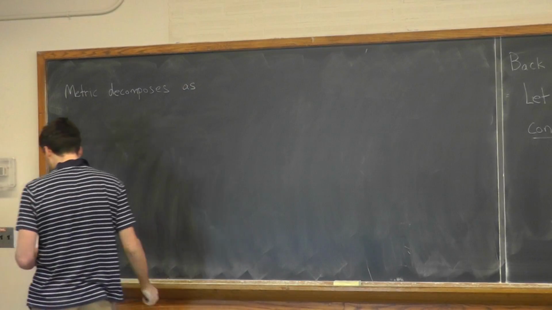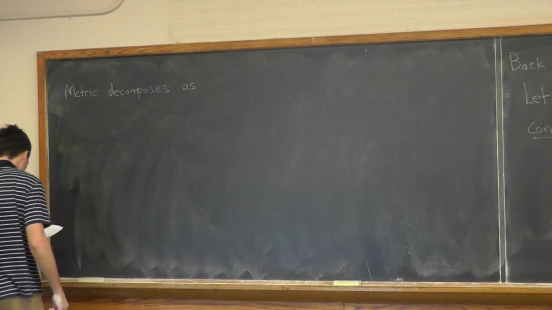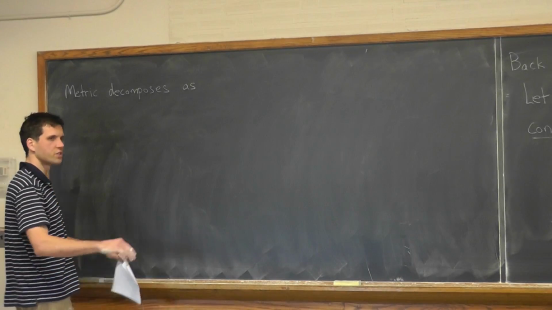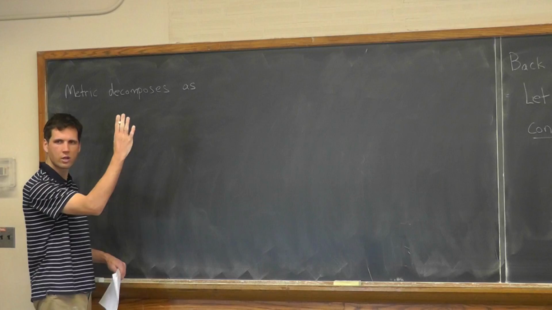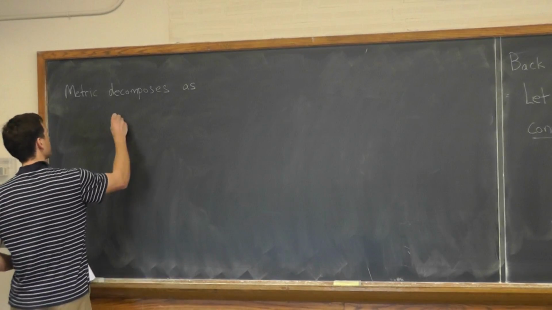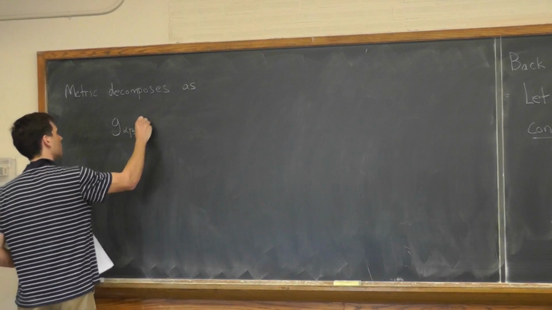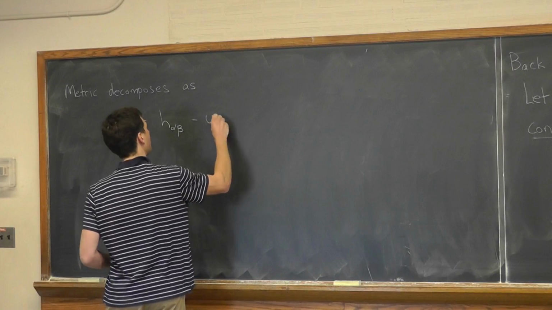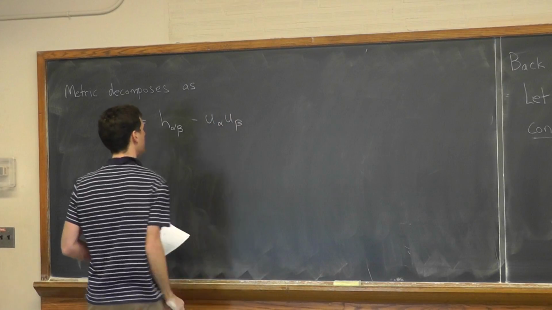So first of all, before we get to the shear and everything, let me note that we can decompose the metric into a piece that's in the direction of the congruence and everything that's transverse to that. To do that, we just write g alpha beta equals h alpha beta minus u alpha u beta.